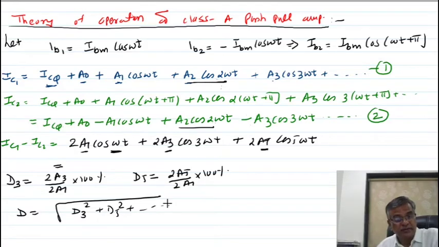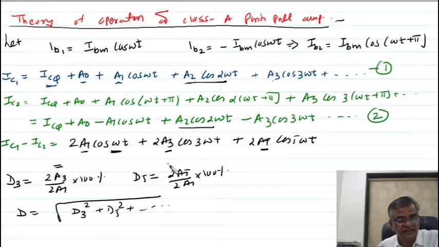So this mathematical steps show that even harmonic distortion is cancelled without increasing odd harmonic. Say odd harmonic is not increased. So in this way, in push-pull amplifier, even harmonic distortion is cancelled without increasing odd harmonic. As a result, harmonic distortion is reduced in a push-pull amplifier.